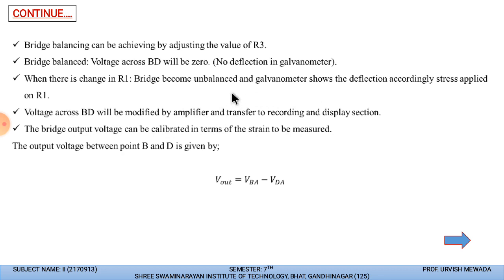So by the amplifier, we amplify that signal and transfer it to the recording and display section, which can record or display the output quantity, and the bridge output voltage can be calibrated in terms of the strain to be measured. The output voltage between BD is the difference between the voltage across BA and DA. So VBA minus VDA is equal to V out.